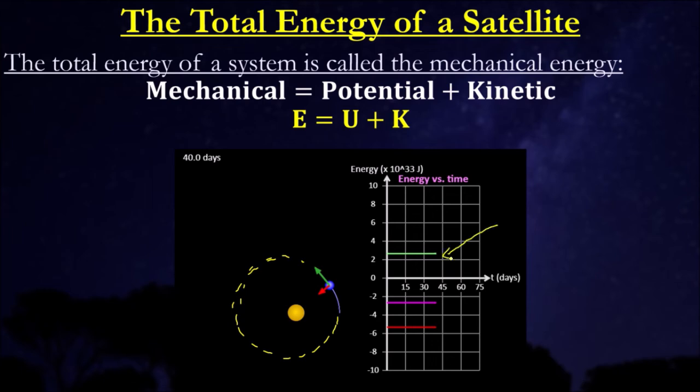This value you have up here is the kinetic energy of our planet. This value we have here is the gravitational potential energy. This value we have here is the total energy.